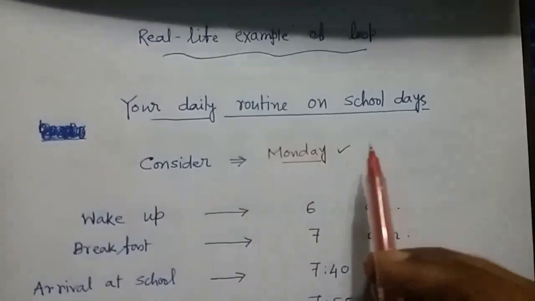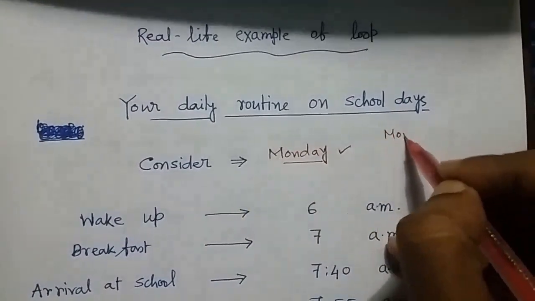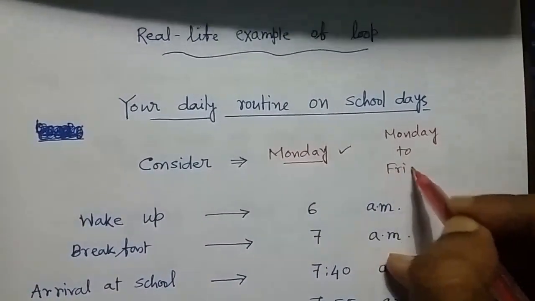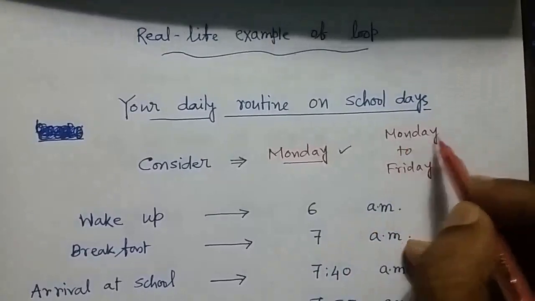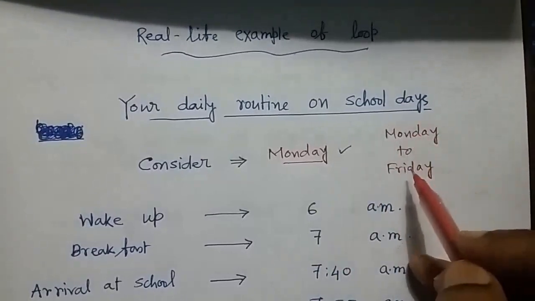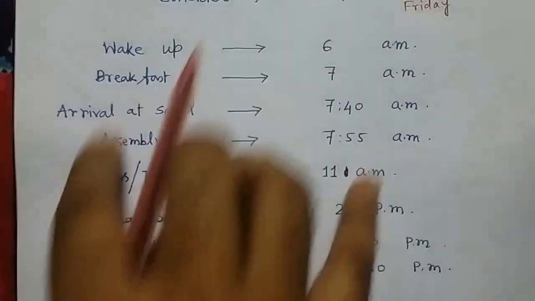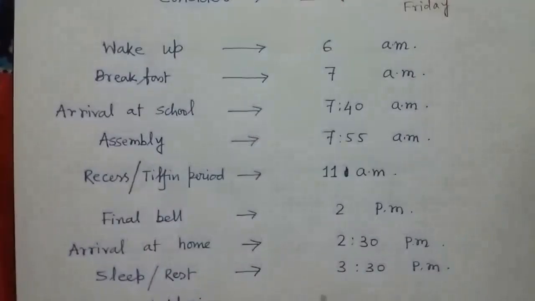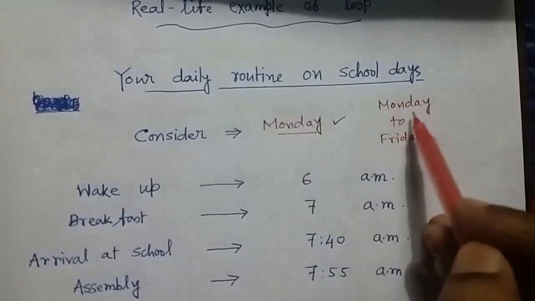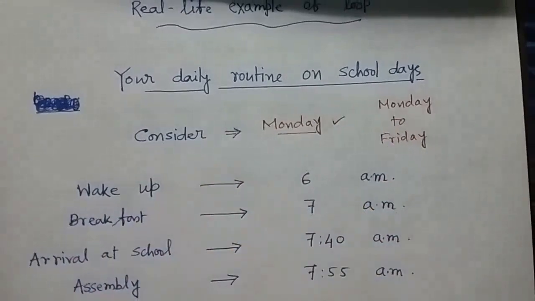So the condition is that if the weekday is Monday to Friday, if the weekday falls within Monday to Friday, both inclusive, then only you will repeat this task. And if the weekday is not within this range, that means Saturday and Sunday, then you will not repeat this task.